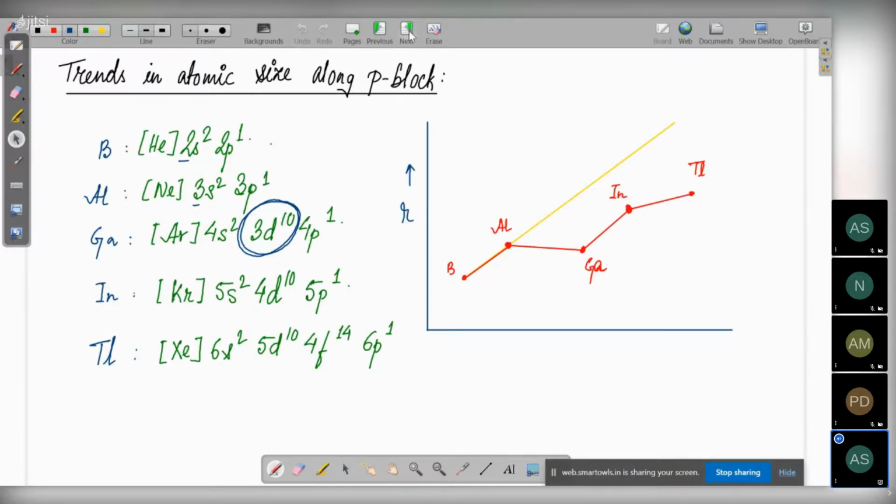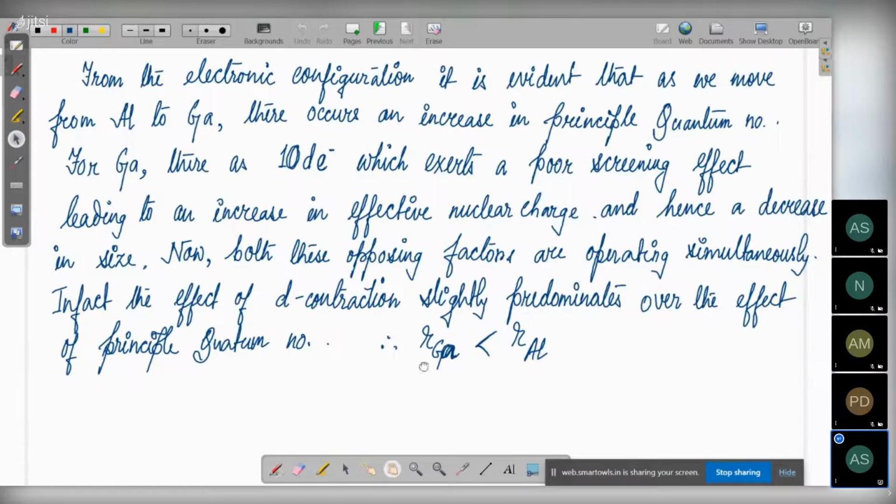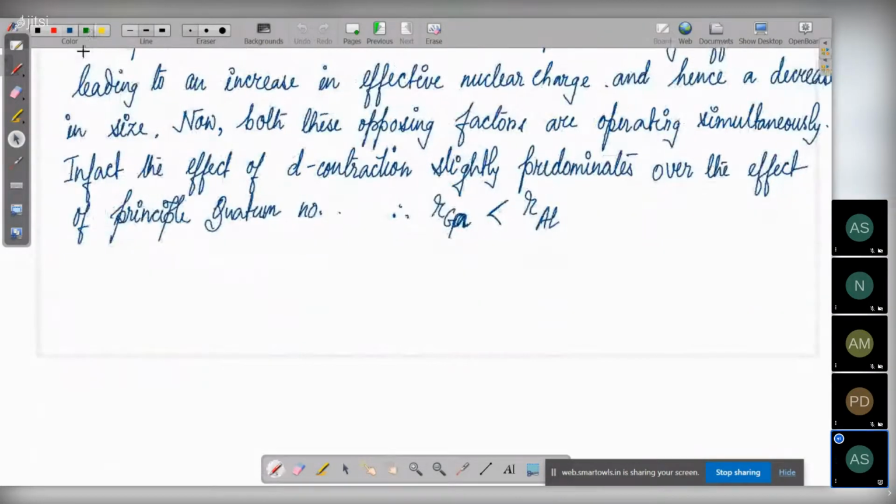And in fact, due to the same reason, the size of silicon is almost similar to the size of germanium.